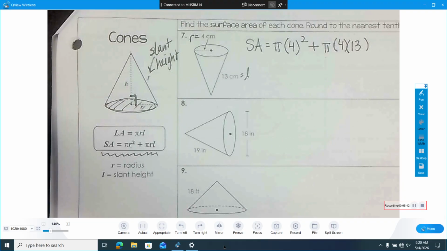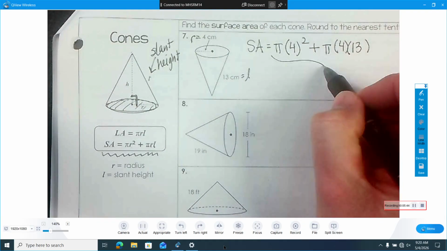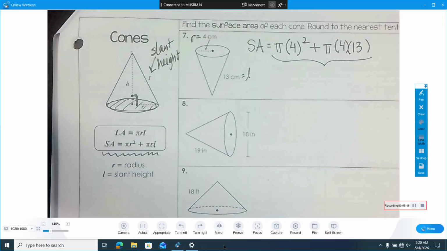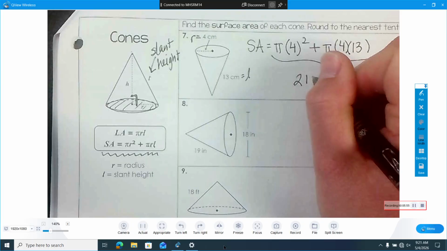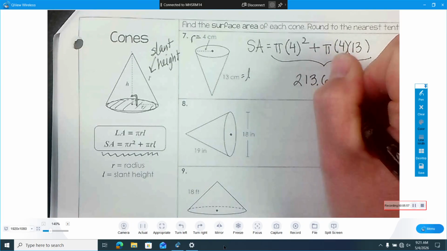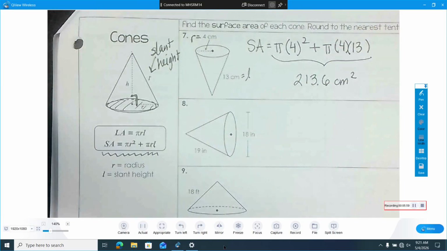Everyone should go ahead and plug that into your calculator to make sure you know how to use it. 213.6. Good, good, good.